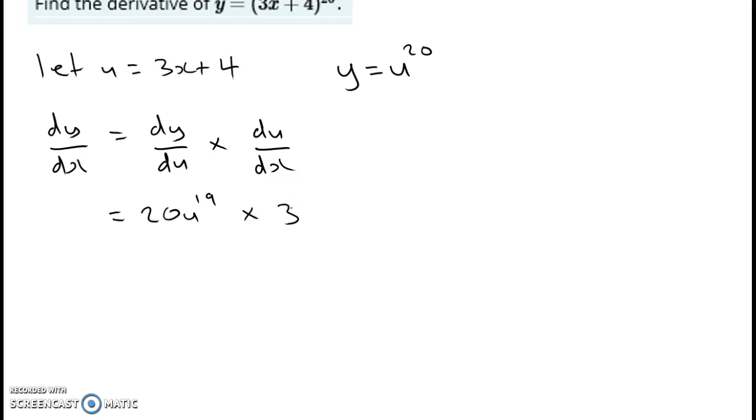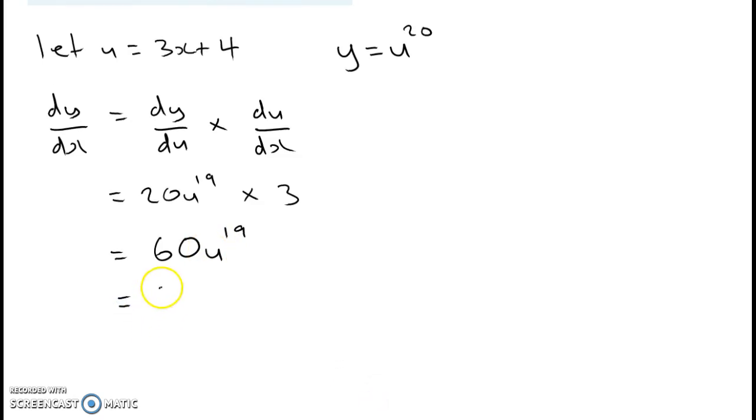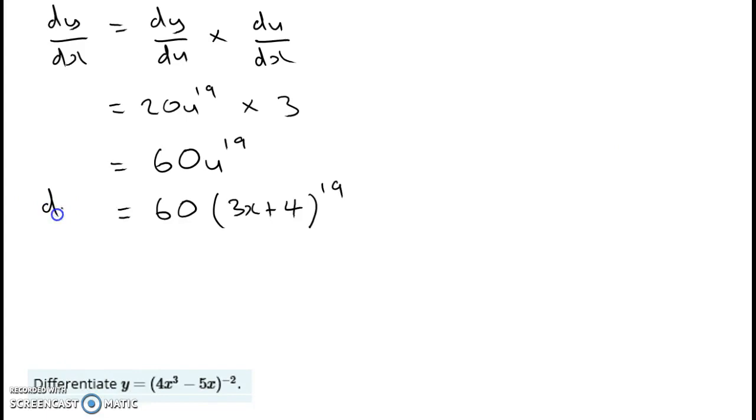So we're left with 60 u to the 19. Now we need to substitute back in what we defined our u as. So that'll give us 60 (3x plus 4), that's what we defined our u as, to the power of 19. So that's the chain rule for you.